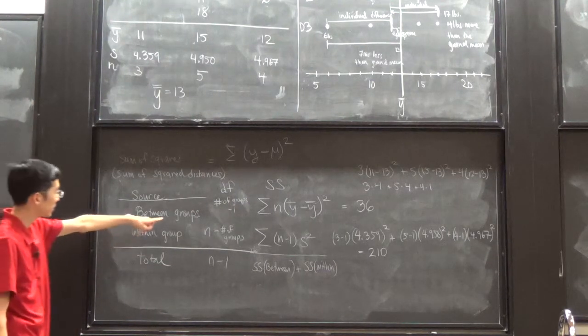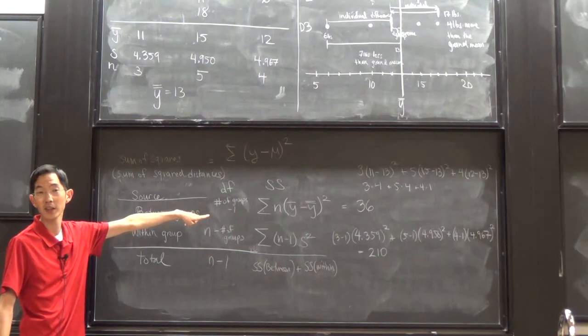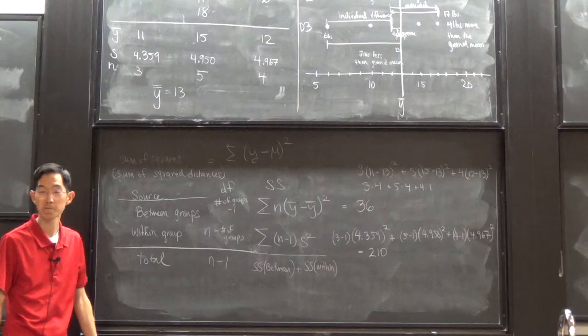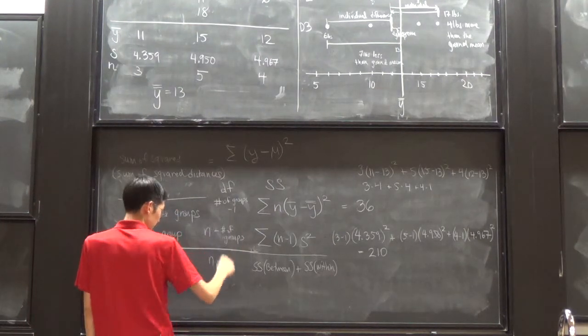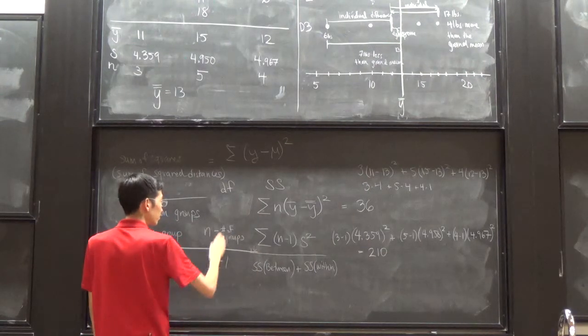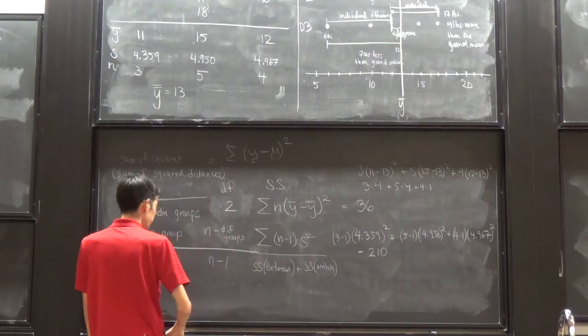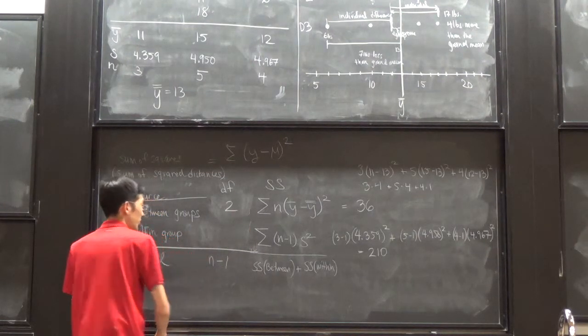How many degrees of freedom do I have for between groups? 2. I've got 3 groups minus 1, so I have 2 degrees of freedom. How many degrees of freedom do I have within the groups?